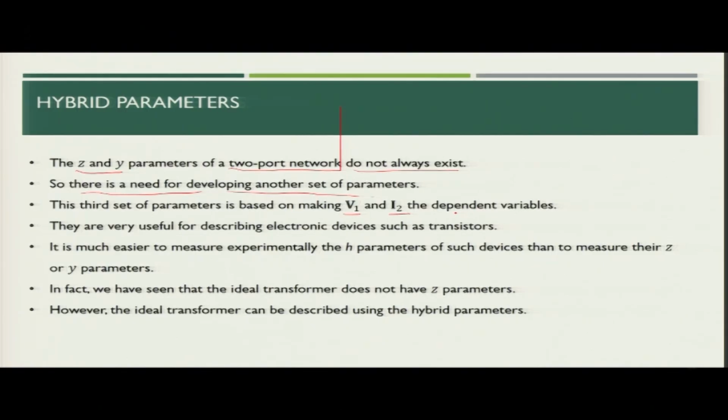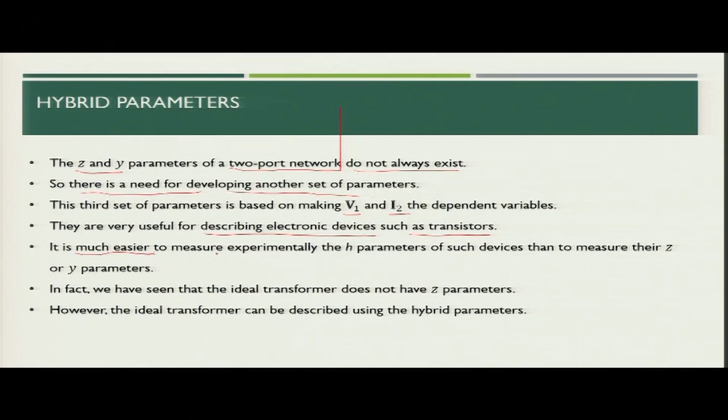You will see these kinds of relationships mostly in electronic devices such as transistors. In case of transistors, if you have studied, we develop the equivalent model of a transistor in terms of H parameters. So, in those cases we can use the H parameter variables which we will discuss in today's session.